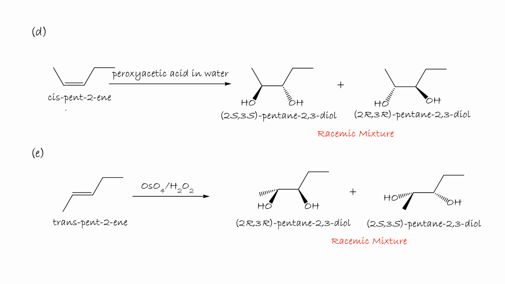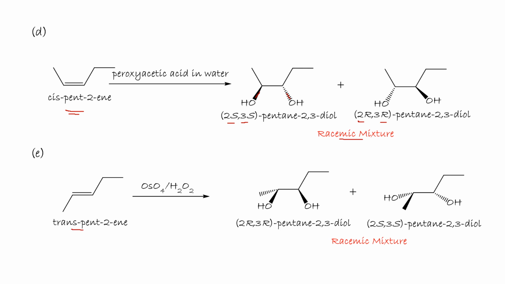Starting with cis-but-2-ene, but this time peroxyacetic acid in water, anti-addition of two OHs, we get a racemic mixture of 2S,3S and 2R,3R.